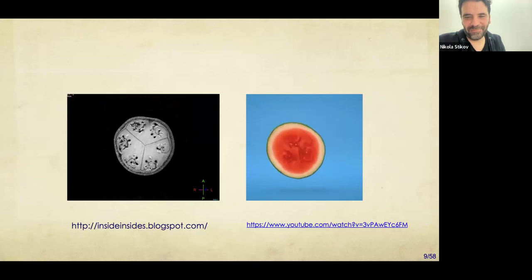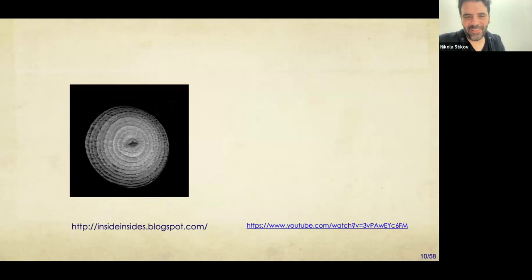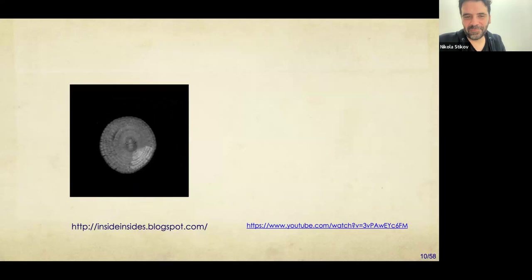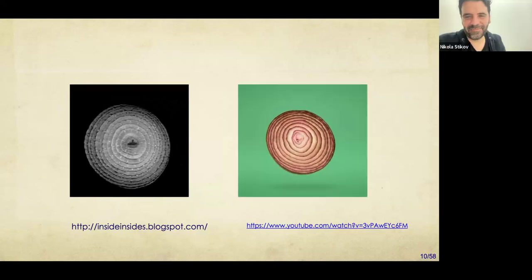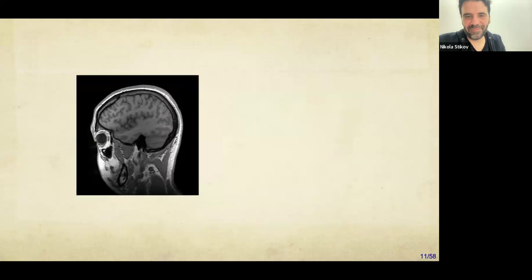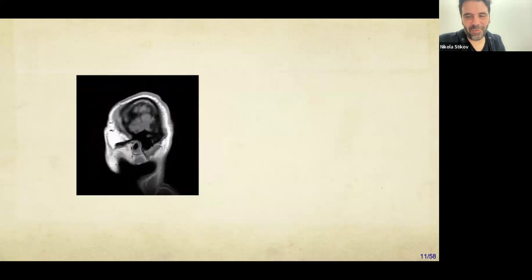That's a watermelon. What about this one? An onion? That's an onion. Yeah, there you go. That's an onion. And that one is a human brain.